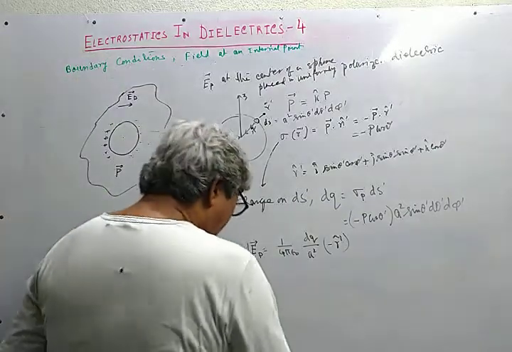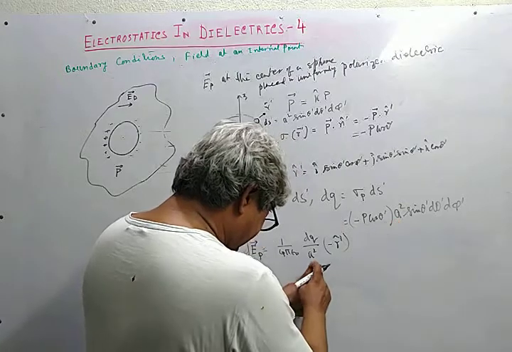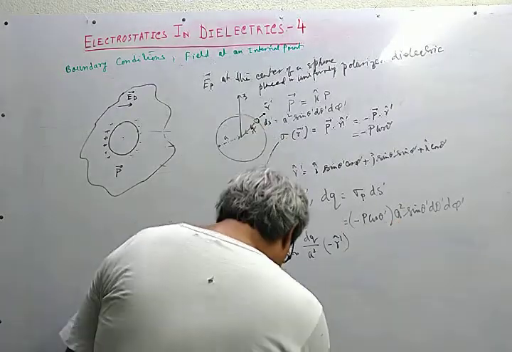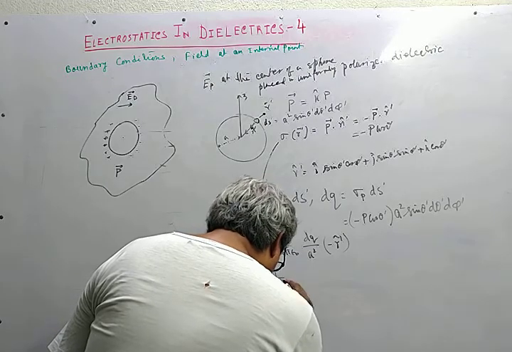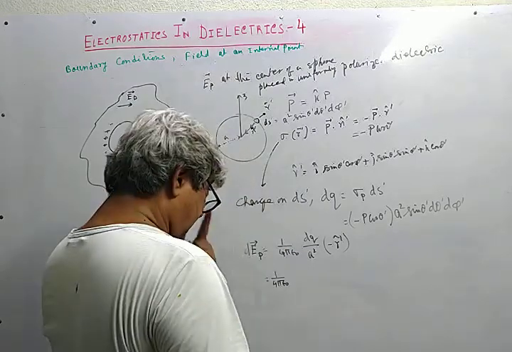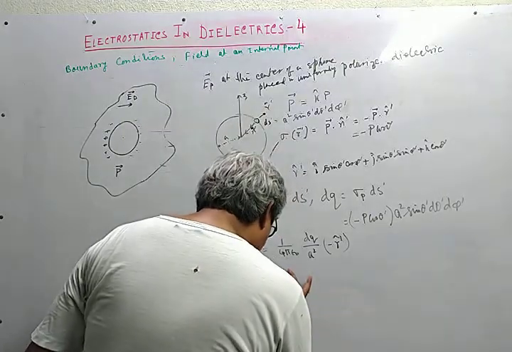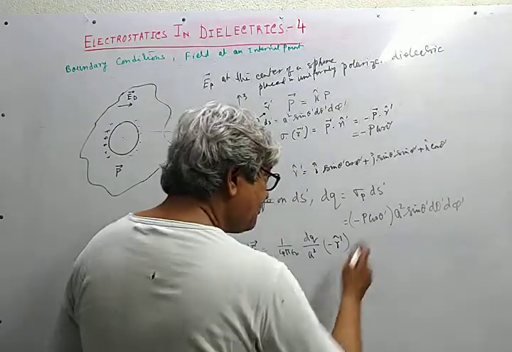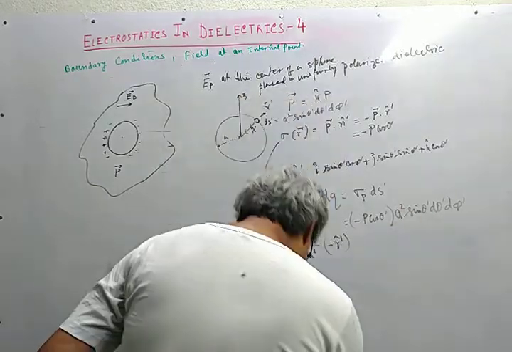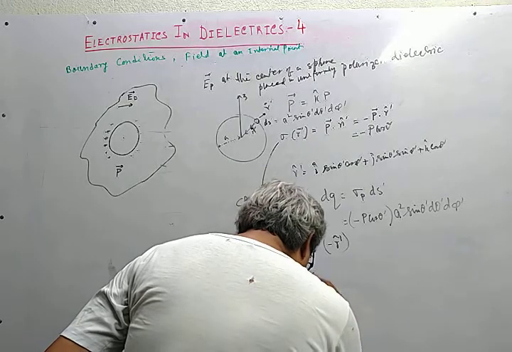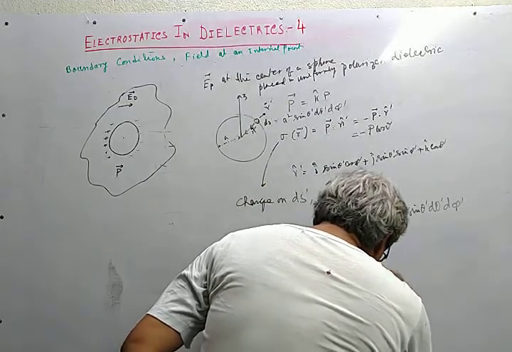The A squared term will cancel, so the result is 1 upon 4 pi epsilon 0, and from this part we will have minus P cos theta prime sin theta prime d theta prime d phi prime.